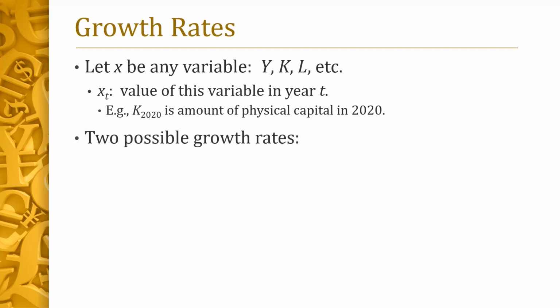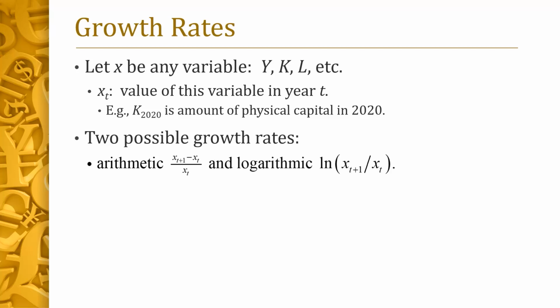We can measure the growth rate of X in two possible ways. The first is the arithmetic growth rate. This is just the change in X from one year to the next divided by its initial value. The second is the logarithmic or log growth rate. This is the natural logarithm of the gross percentage increase in X from one year to the next.